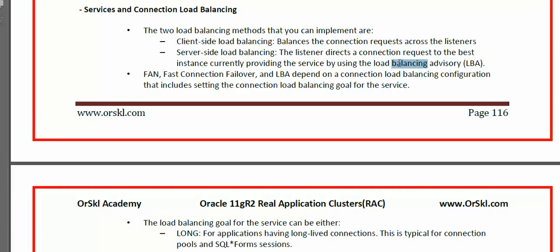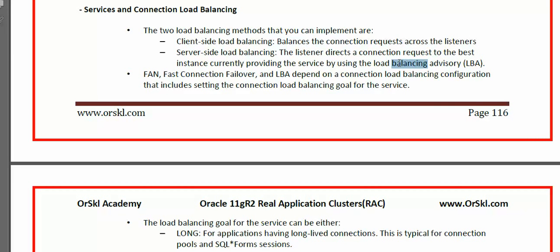PMON takes care of updating the load balancing advisor, and every time scan reads it to understand how many dedicated server processes are created on each instance. To whichever instance has fewer dedicated server processes, it will redirect the connection. That's how you get the benefit of services and connection load balancing in the RAC environment.